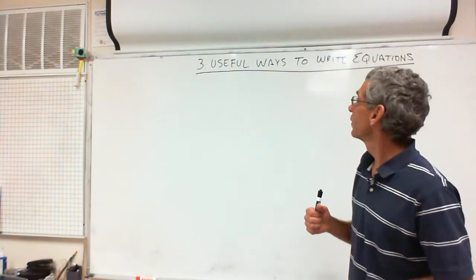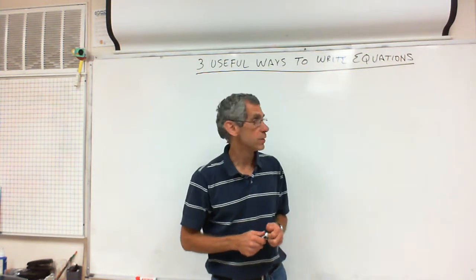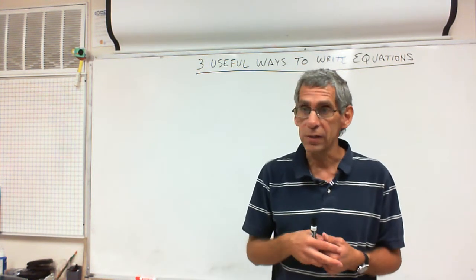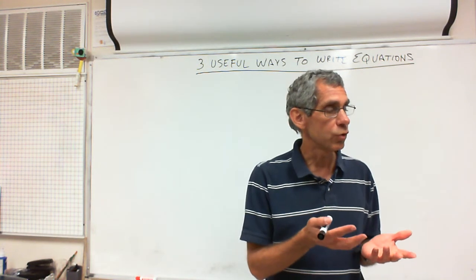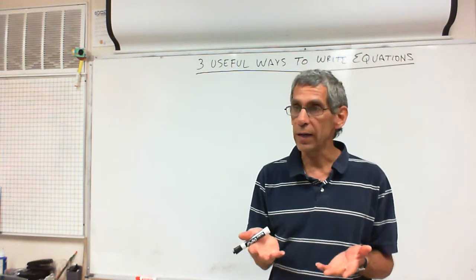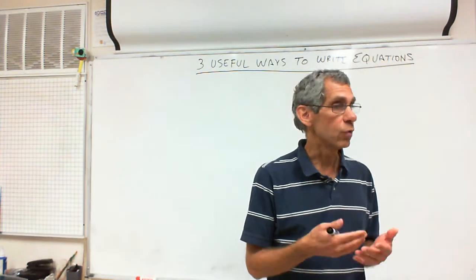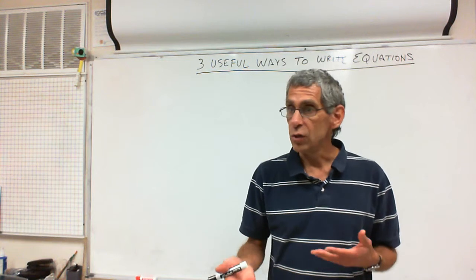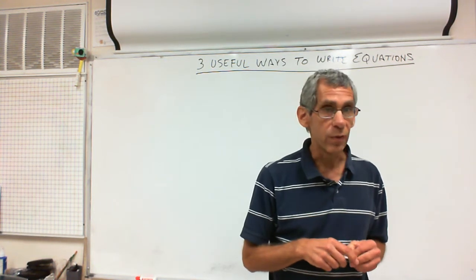So today we are going to talk about 3 useful ways to write equations. This is the foundation of a lot of stuff we're going to cover this year. Since you guys are already working on solving equations, you know that an equation has an equal sign, you know that you can do things with equations, and there are often variables in equations, right?